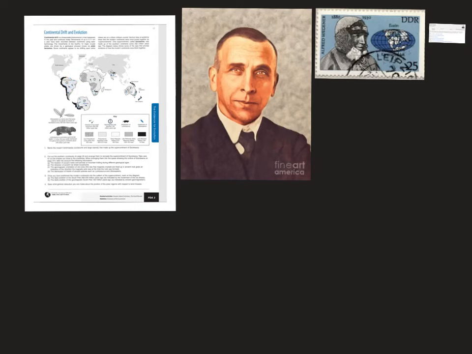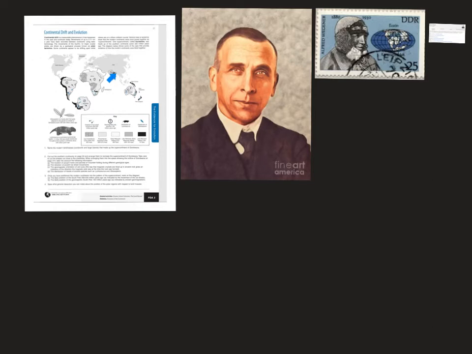Through his research and world travels, he knew that the fossils matched, that the fossils found here in South America matched the fossils found here in Africa. The fossils here in North America matched those found in Europe. He knew, for instance, that the Appalachian Mountains had the same rock strata, the same rock structures, that are found in Scotland.